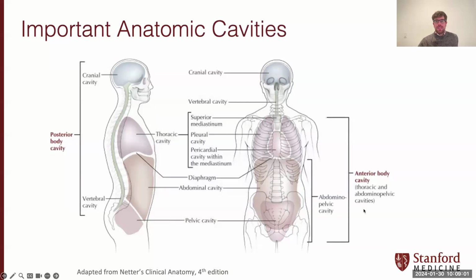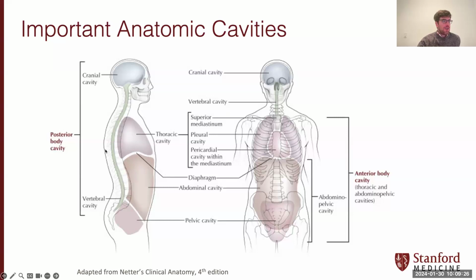So there's a ton of anatomy to learn, but ultimately most of it comes down to three important anatomic cavities, which is where the majority of pathology and surgeries fall. So these are the cranial cavity or the vertebral cavities. So these are sort of where most of your spinal fluid is and where the spinal cord lives. So that's this right here. There's the thoracic cavity.